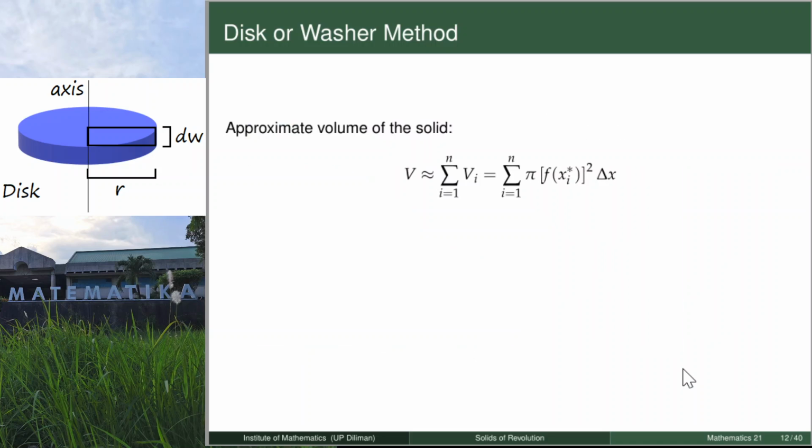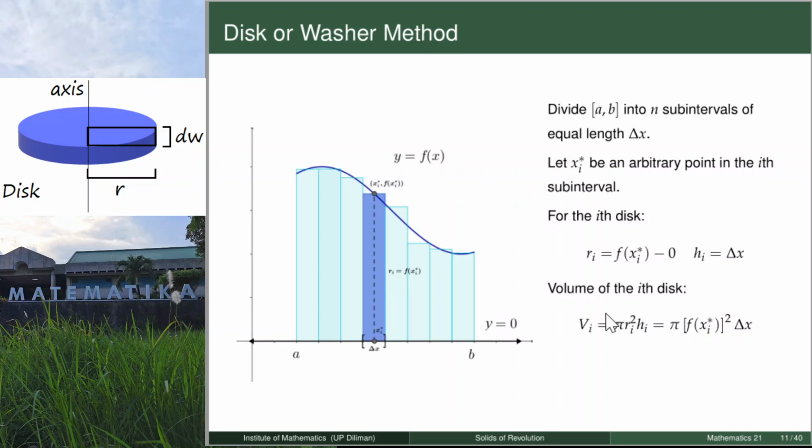Okay? So, the question now is, how do we make the approximate better? The approximation could be better if we have more rectangles, right? So, meaning if we increase the number of rectangles, we will make the approximate better and better.